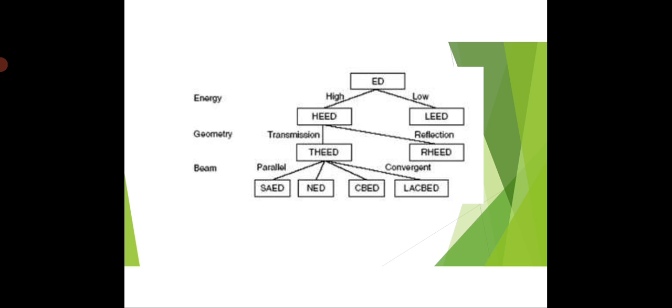Here is a flow chart which relates the different diffractions. Electron diffraction may be high or low with respect to energy: HEED or LEED, high energy electron diffraction or low energy electron diffraction.